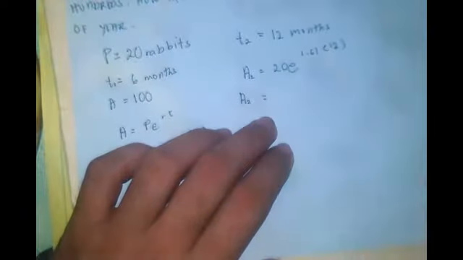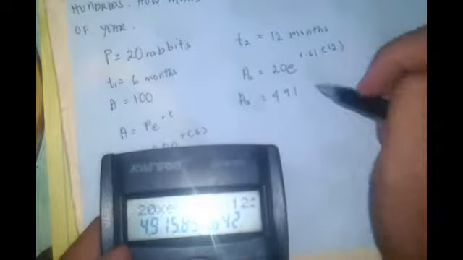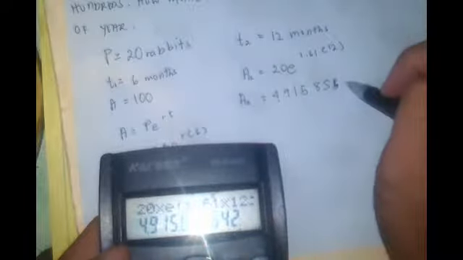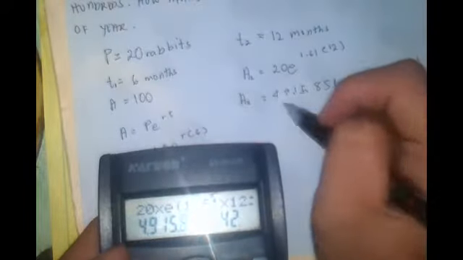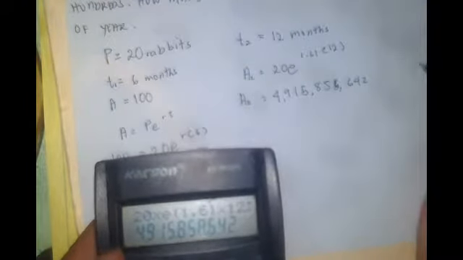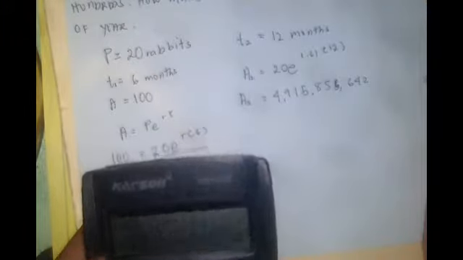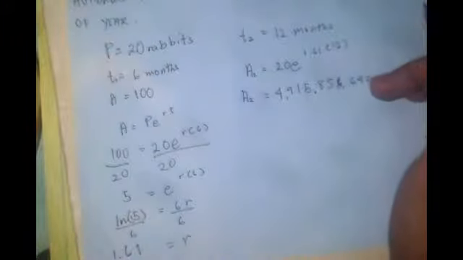Then we will get the final population, which is 4,915,858,642 rabbits.